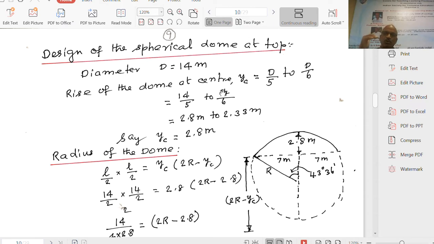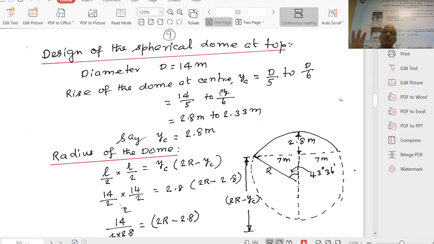Suppose the dome is considered to be consisting of a number of horizontal rings of decreasing diameter, say 5 rings. The topmost ring, let us call it 1, will transfer the load to the second ring. 1 and 2 will transfer the load to the third ring. 1, 2 and 3 will transfer the load to the fourth ring.